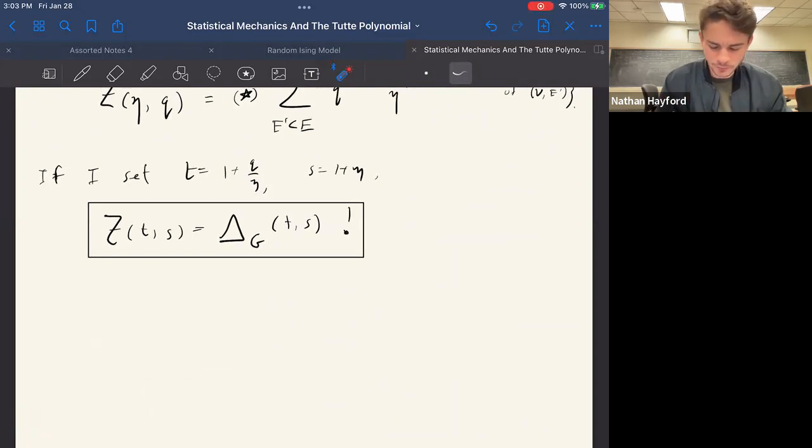There's a couple more specifications: if G is planar, there's an even better way to compute this. It's called the Fisher-Kasteleyn-Temperley algorithm, FKT algorithm, which allows you to compute it essentially as fast as you can compute a determinant. But maybe for now, I'll stop just to not bore you.